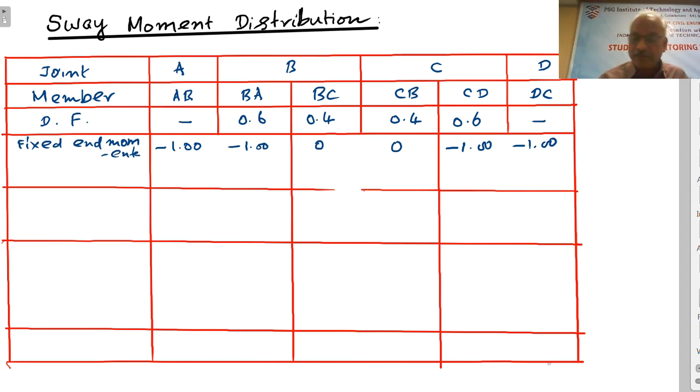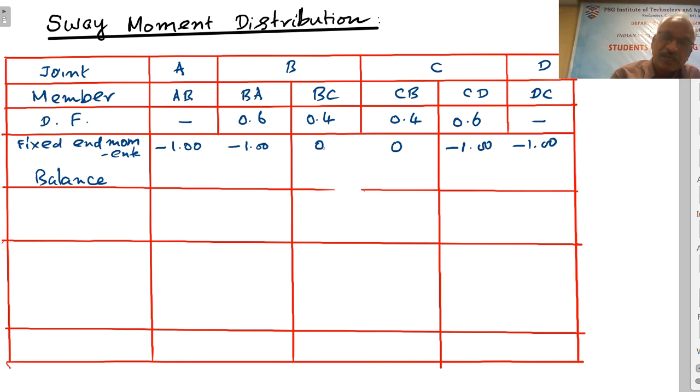So here, as before, we have to do the moment distribution. So first balancing. Now for balancing, at B here it is -1, here it is 0.